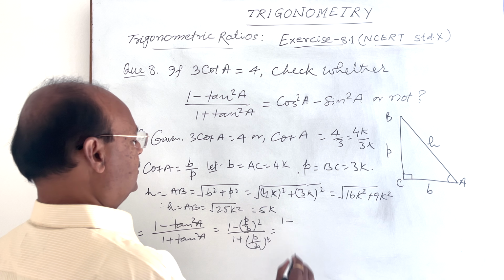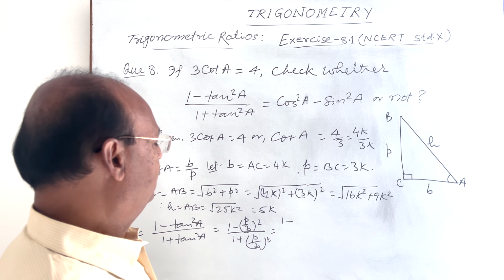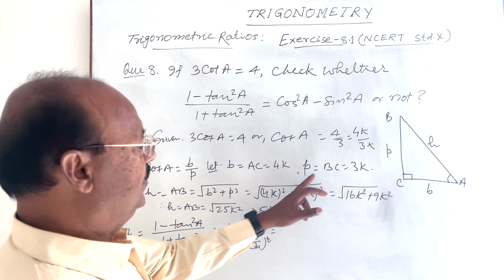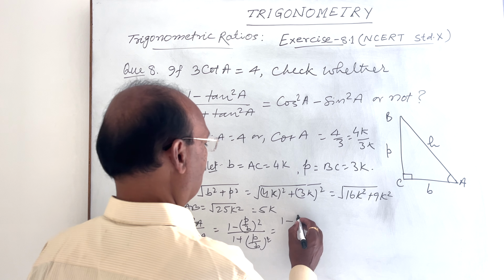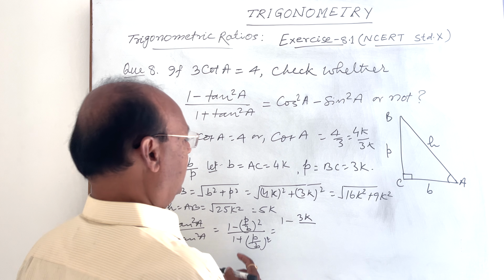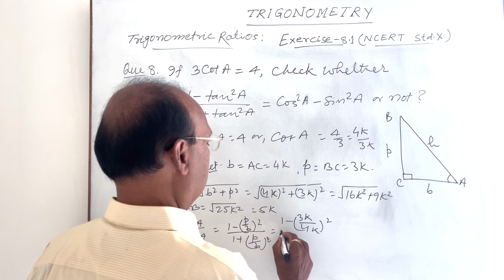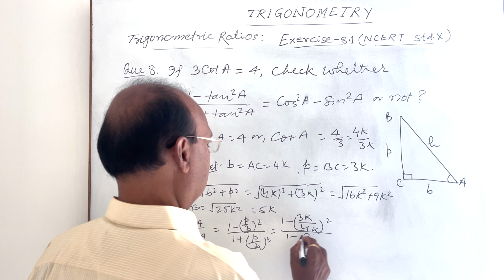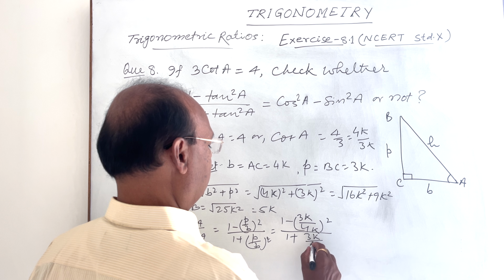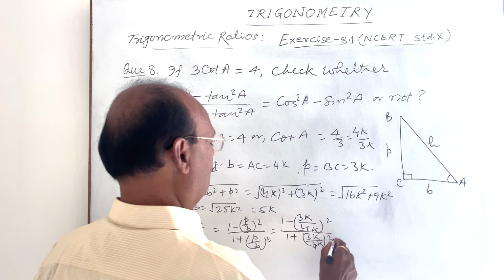Correct? So this is 1 minus, P by B will be how much? P is 3K and B is 4K. This whole square, and here 1 plus (3K by 4K) whole square.